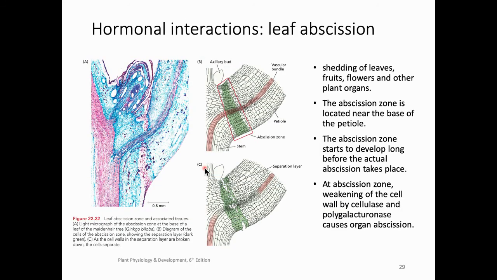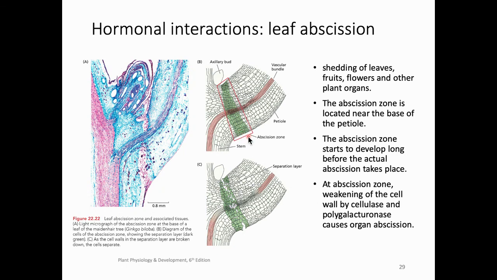Right. The last one, probably not quite last, is about leaf abscission. Similar to leaf senescence, but leaf abscission is the process in which the petiole of the leaf is broken apart from the stem of the plant. This region is called the abscission zone.